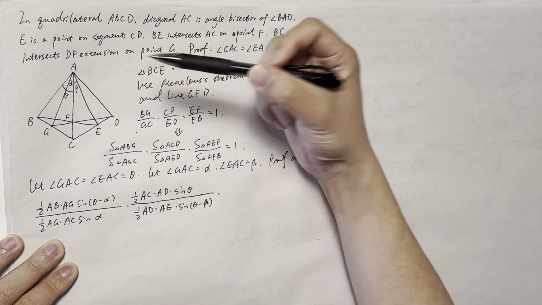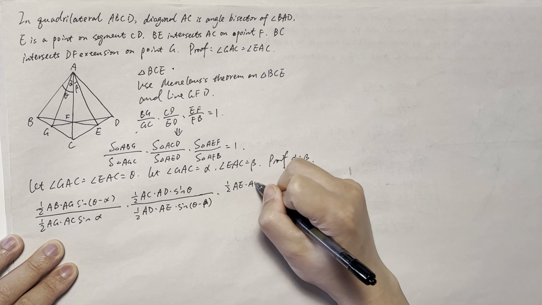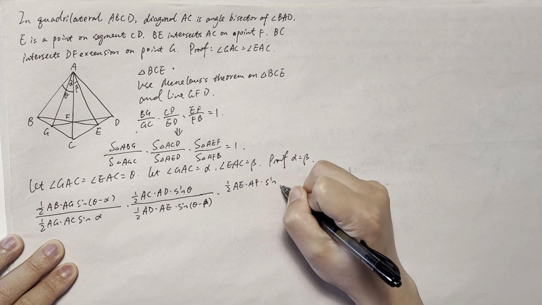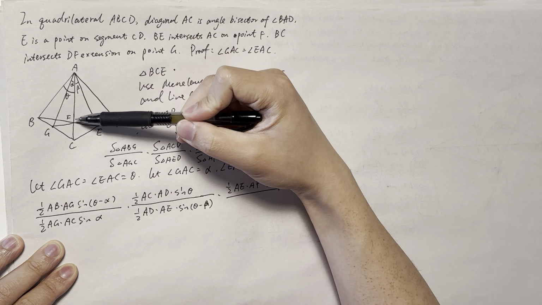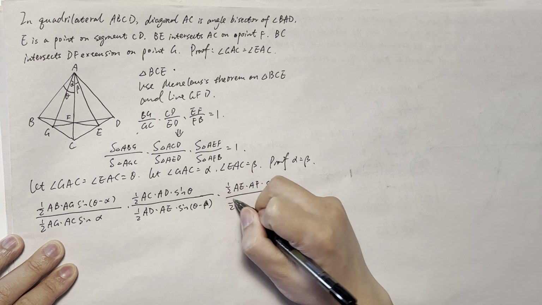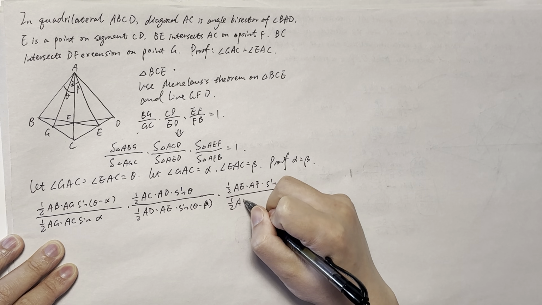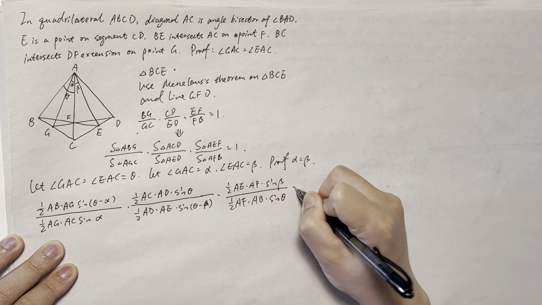AEF, that's half AE times AF times sine beta. And AFB, that is half AF times AB times sine theta.